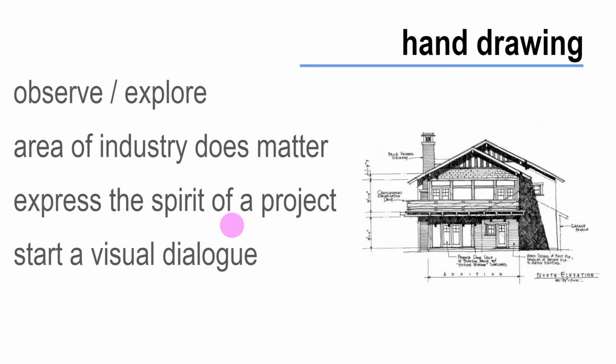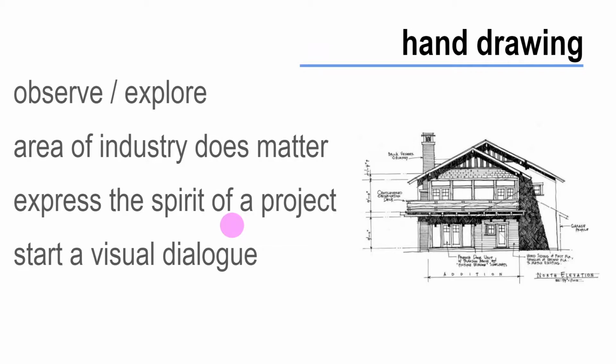But the importance of neat and detailed technical drawings when it comes to hand drawings is really no longer that prevalent. So we're going to be approaching hand drawings in a much more loose sketching technique.